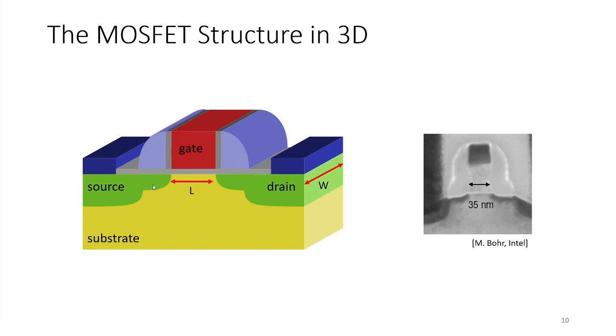The distance between the terminals is the length, and this is the width. This is a real MOSFET used in Intel before. This is a 35 nanometer MOS transistor, so it has a length of 35 nanometers. Think of this: the distance between the source and drain is 35 nanometers.